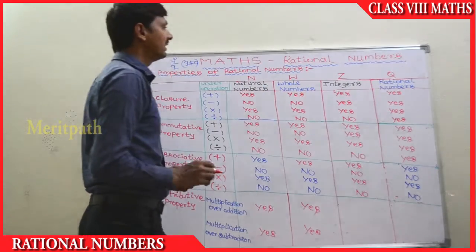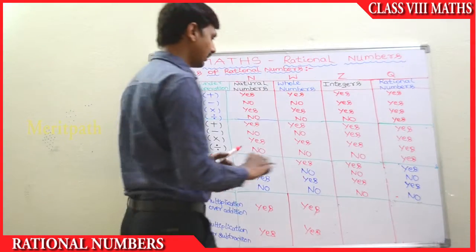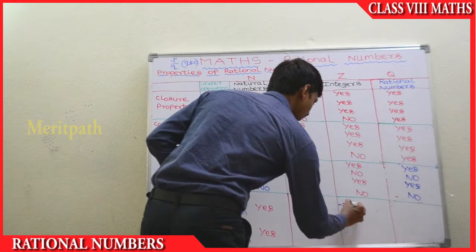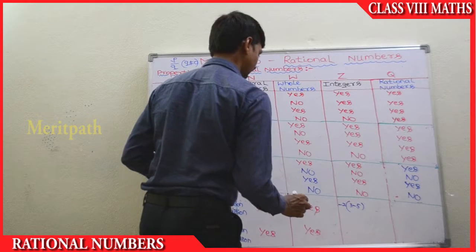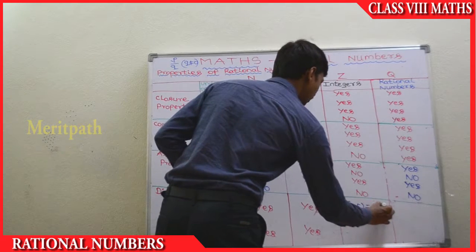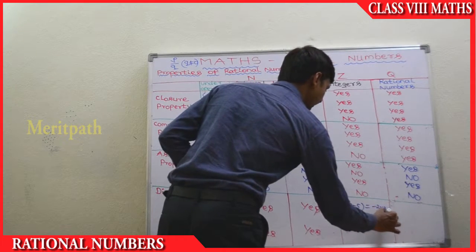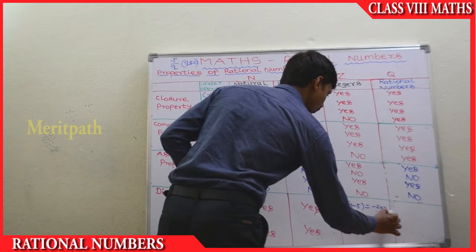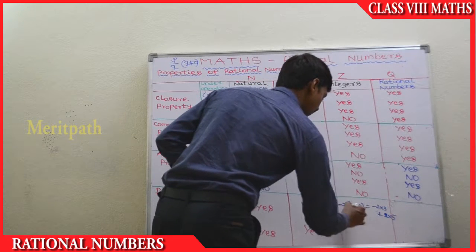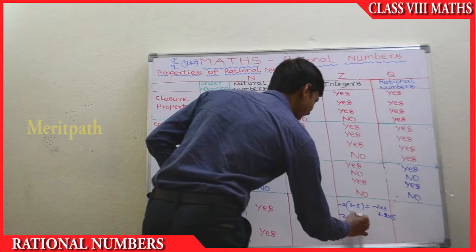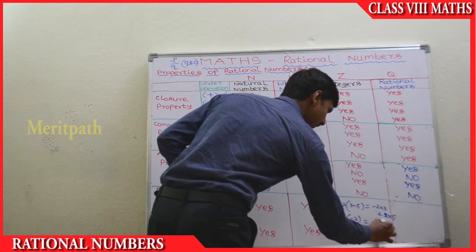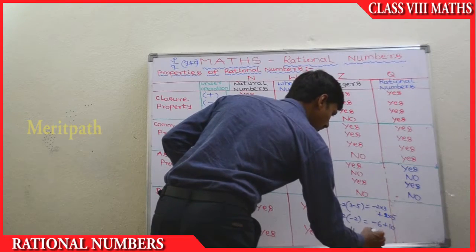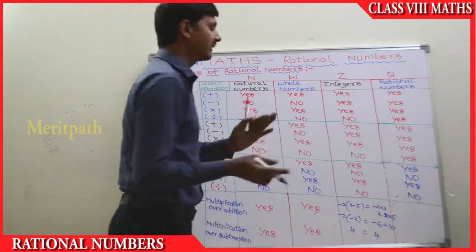When we take integers, for example, minus 2 into 3 minus 5, that is equal to minus 2 into 3, minus of minus plus 2 into 5. When we simplify, minus 2 into minus 2 gives 4, and on this side minus 6 plus 10 gives 4.